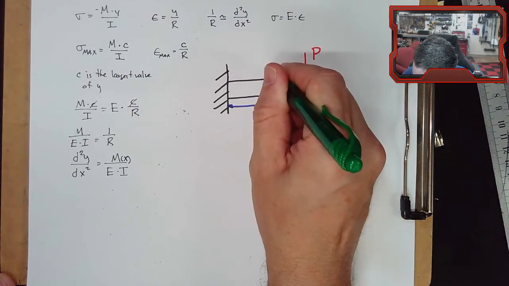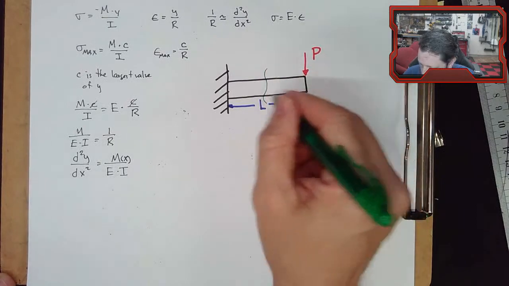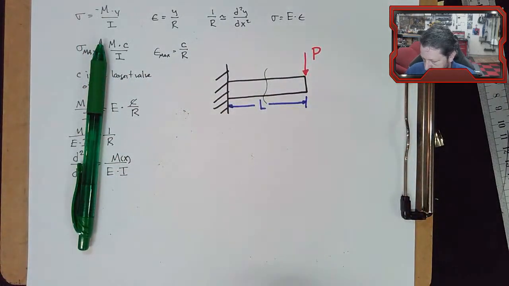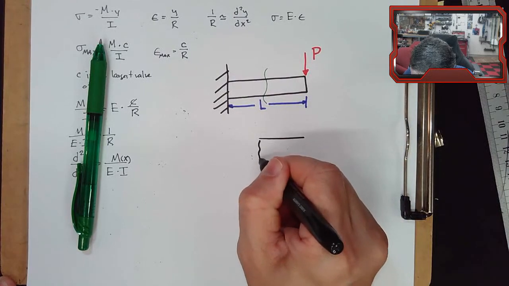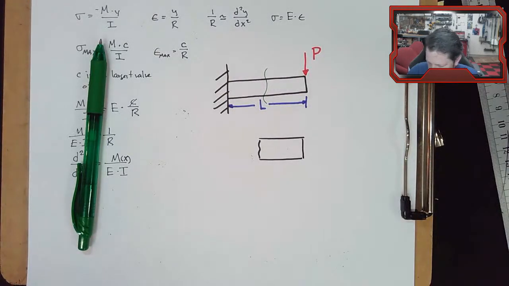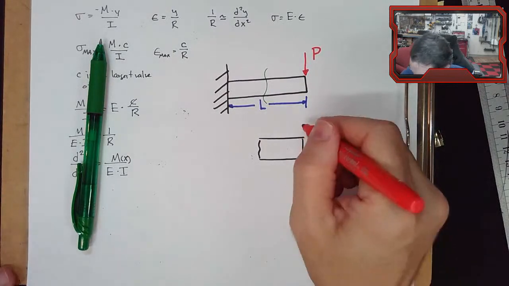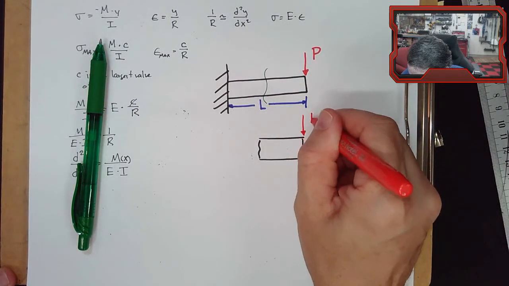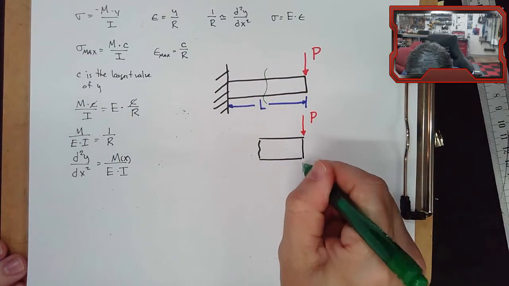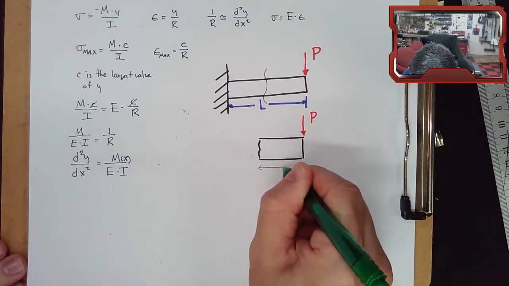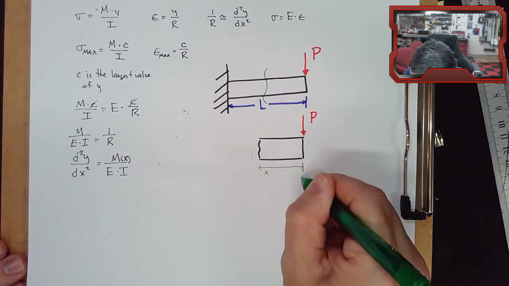But what we need to do is cut our beam open. We'll draw this side of the free body diagram. We will take P, whatever value that point load is. We're going to set x starting here, going in this direction. So this is x equals 0.